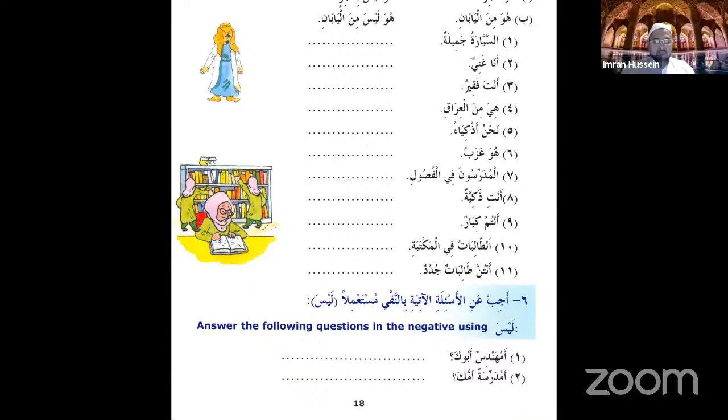So the word talibatun is a sound feminine plural, and when it's in the state of raf', it gets a dhamma tanween. For example, if we say the female students came, we will say ja'at talibatun.